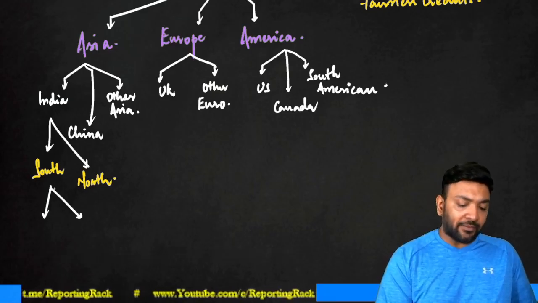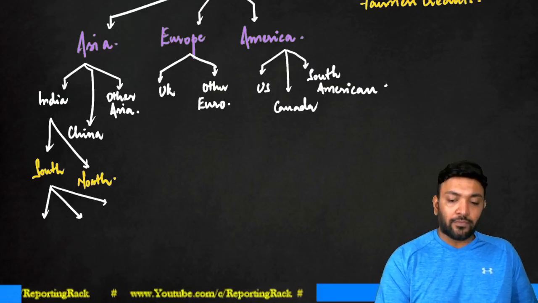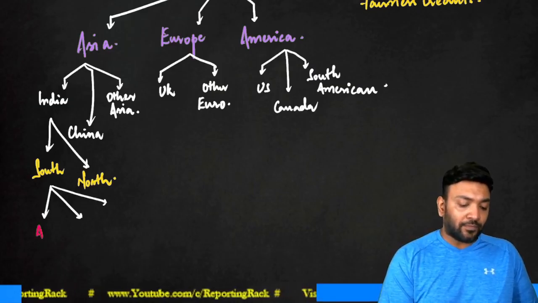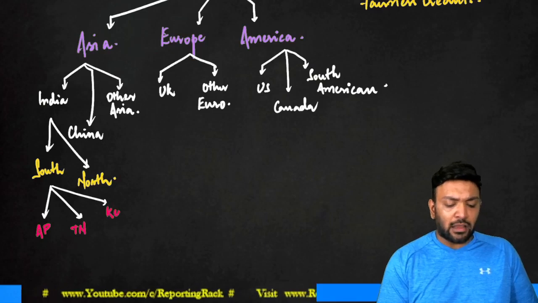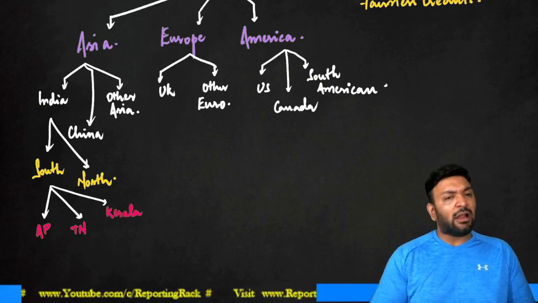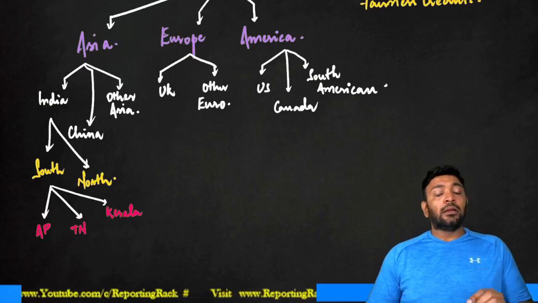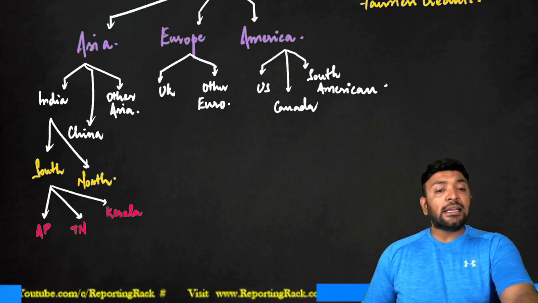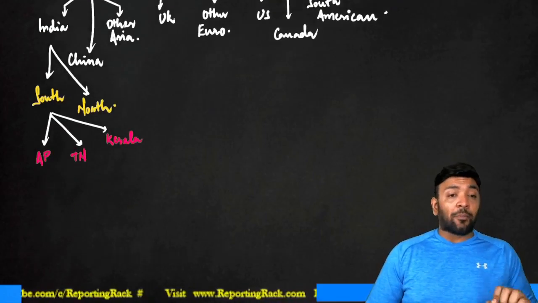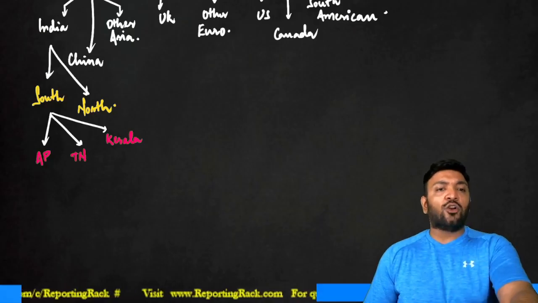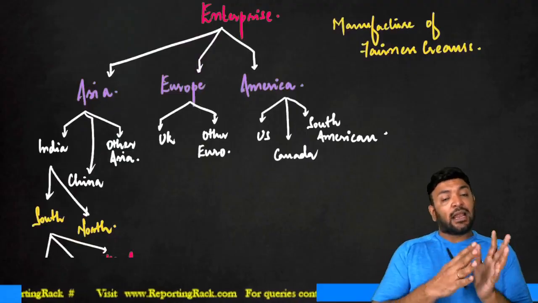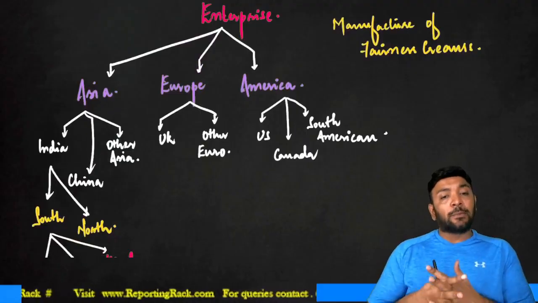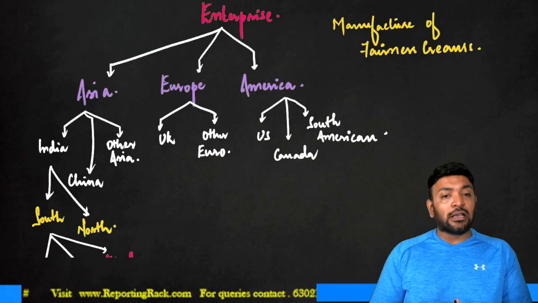Or let's say I have 3: AP, Tamil Nadu, Kerala, Karnataka, I could have even more also. Under each state, I have multiple operations as well. Now I'll stop there. I don't want to go further, but like that you can have distinctions in each case as well. Under UK also I can have multiple states within the same country.